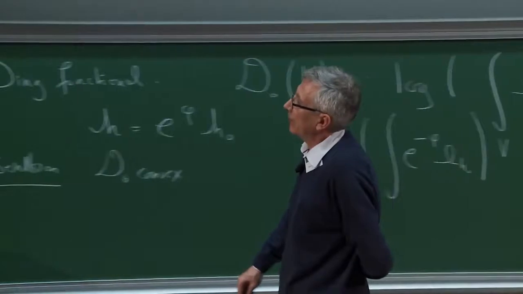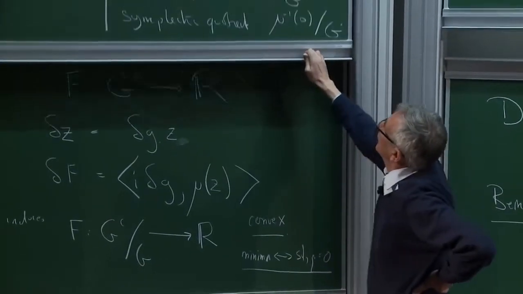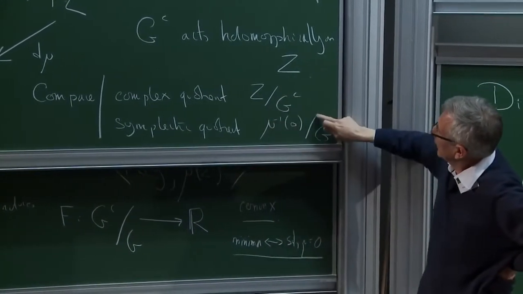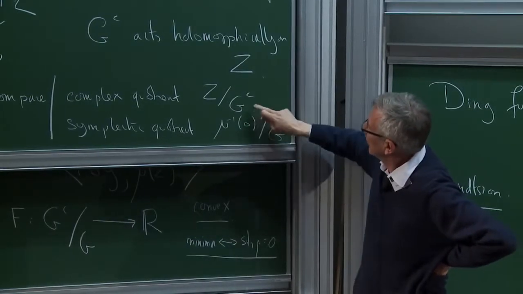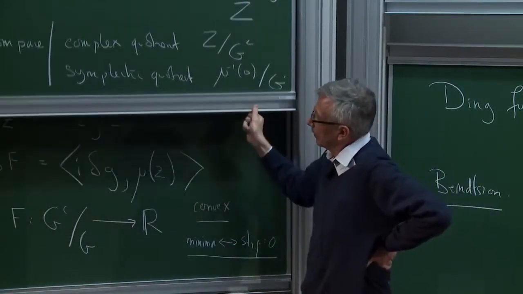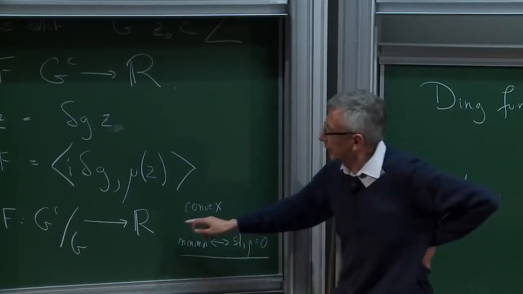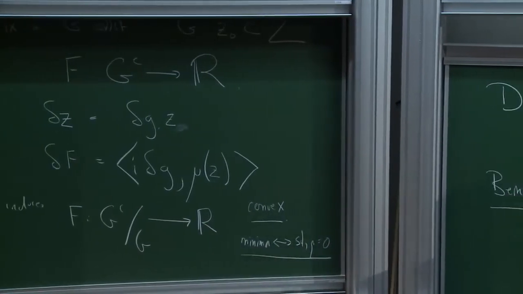So that's to say, the problem of understanding this identification is the problem of solving the equation mu equals 0 in a G_C orbit. Once we fix our orbit, it's a question of understanding whether this convex function has a minimum or not.